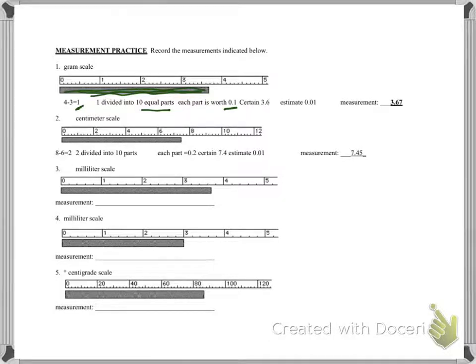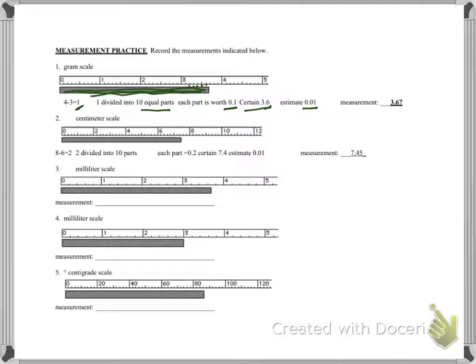So that means it will be 3.1, 3.2, 3.3, 3.4, 3.5, 3.6. We are certain about 3.6. But we can see it is somewhere between 3.6 and 3.7. So we say our estimate will be 0.01. Means we're going to put one more digit here, and that will be our estimate.